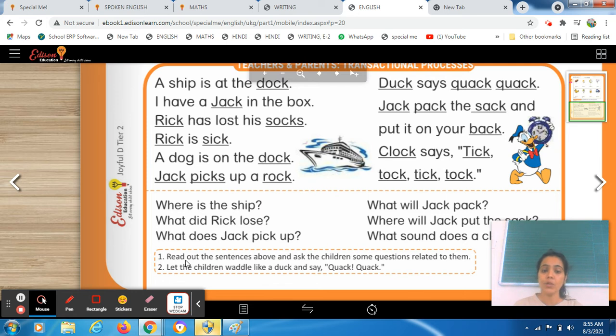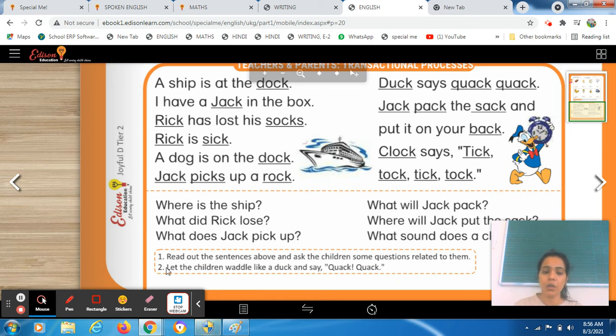Okay. So what is written over here? Read out the sentences above and ask the children some questions related to them. So students, these sentences given here, you all have to read very carefully. You all have to understand it. Fine. And then I'll ask these questions, so you all have to give the answer.